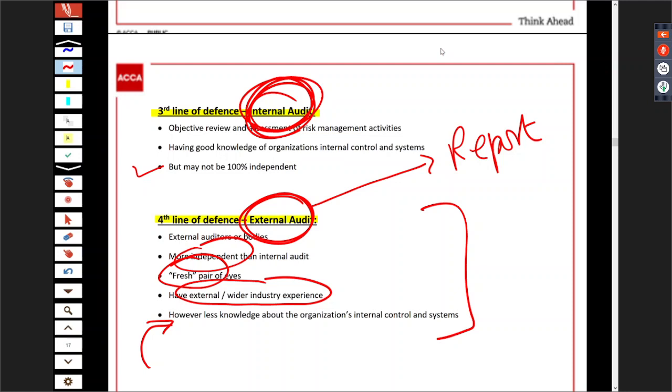Now, what kind of question can be expected? I honestly don't know, but whatever question would come, I have a feeling it would be straightforward. Maybe the question will mention the words four lines of defense. And the moment you see those words, I need you to give four headings.